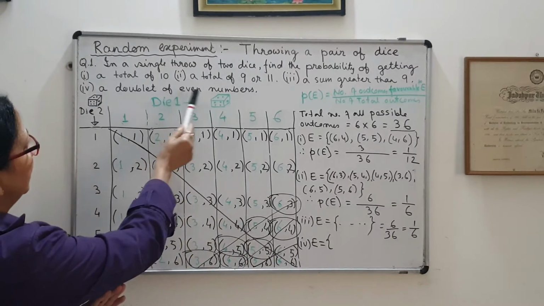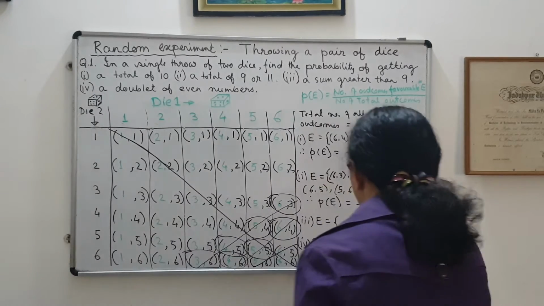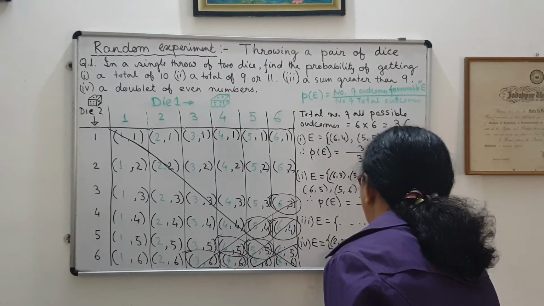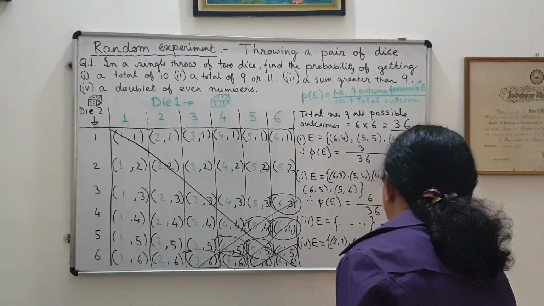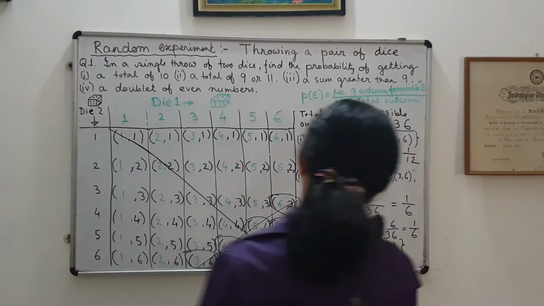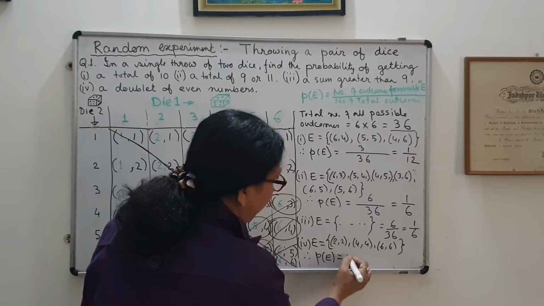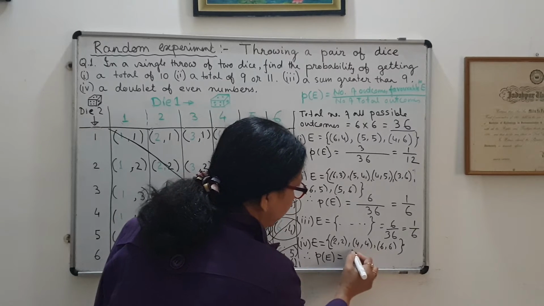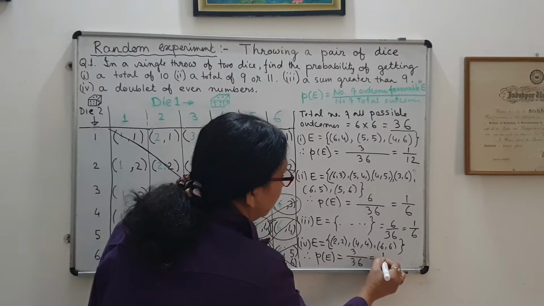But we have to take only even doublets, so I'll take (2, 2), (4, 4) and (6, 6). So these are the even doublets. Therefore, the probability will be favorable cases 1, 2, 3, and total number of cases 36. So it is 1 by 12.